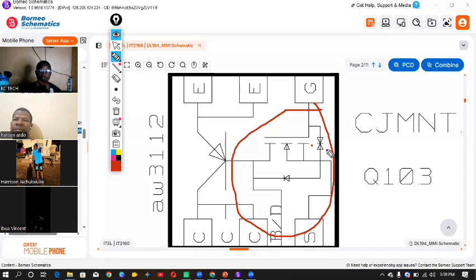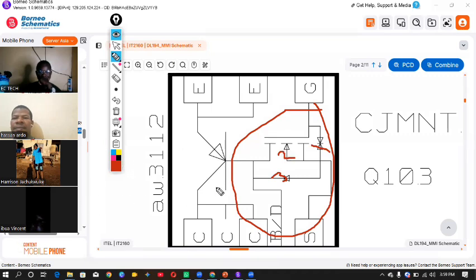Which of the three? Number two. So it's facing the opposite of what? Of this gate.